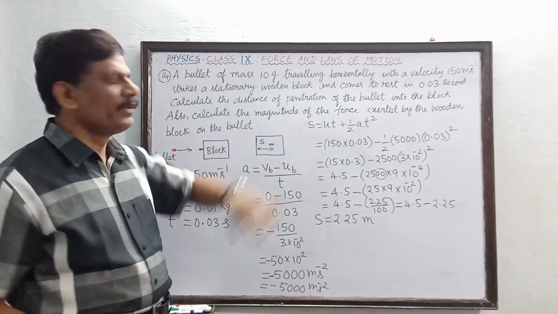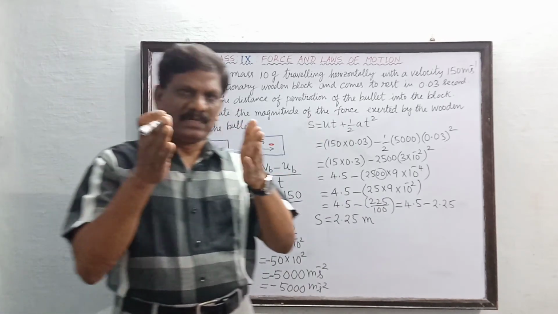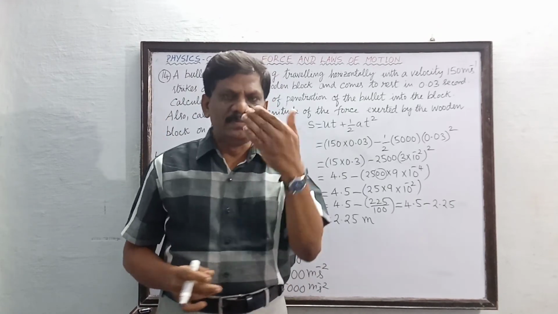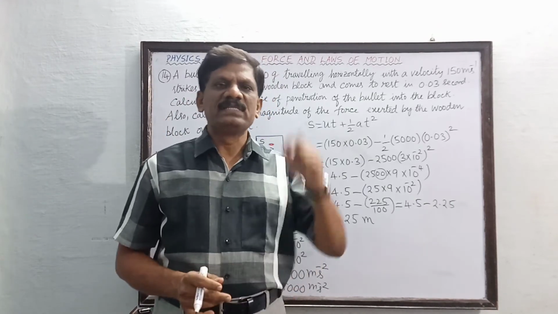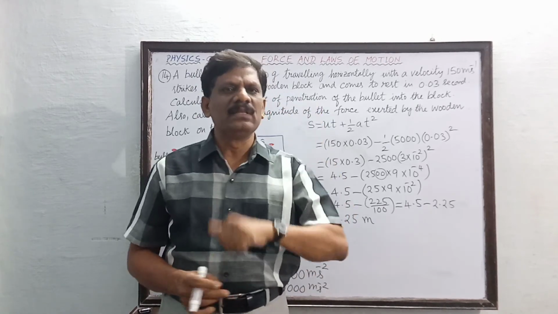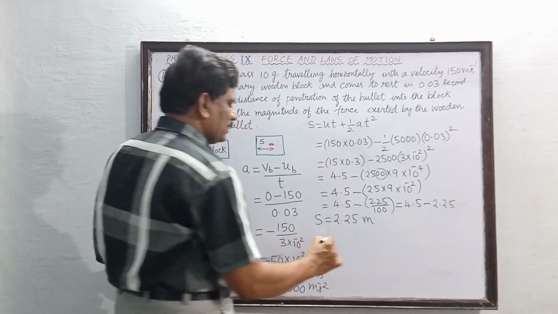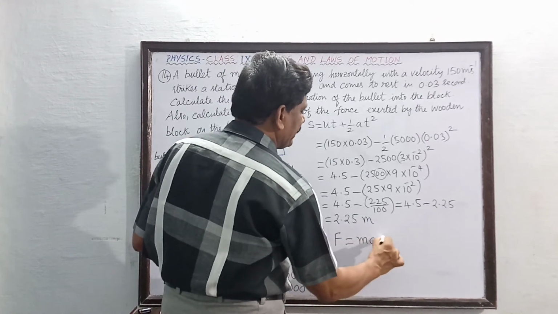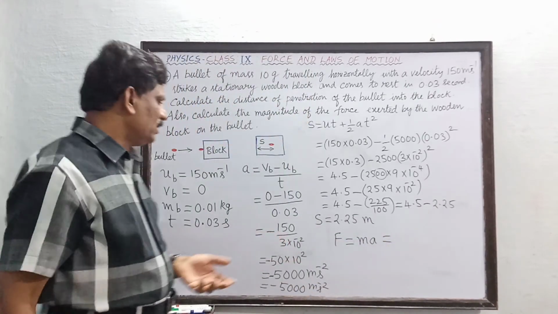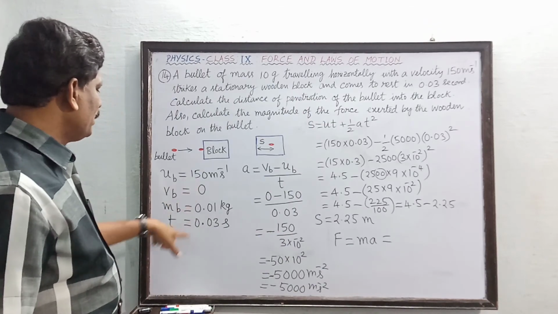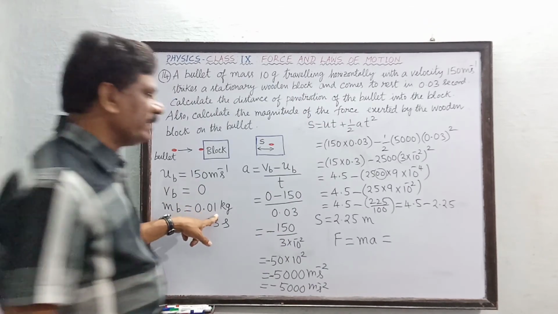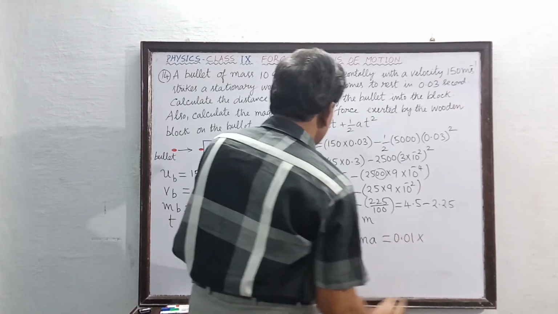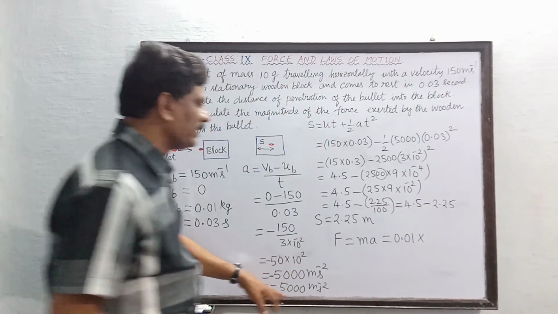Finally, what is the magnitude of the force? By Newton's third law, the force exerted by the bullet on the wood must be equal to the force exerted by the wooden block on the bullet. So this force must be equal to mass into acceleration for the bullet. The mass of the bullet is 0.01 kg, into acceleration minus 5000.